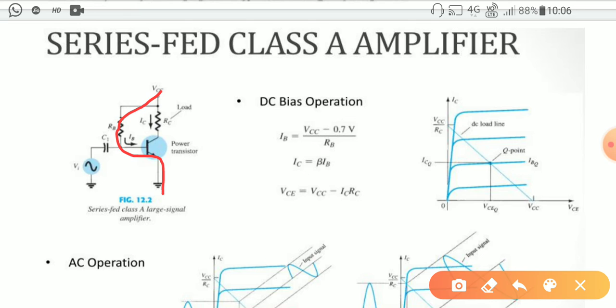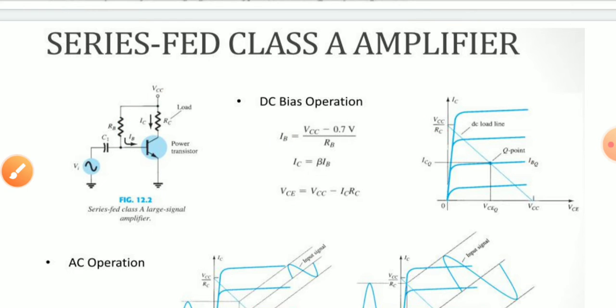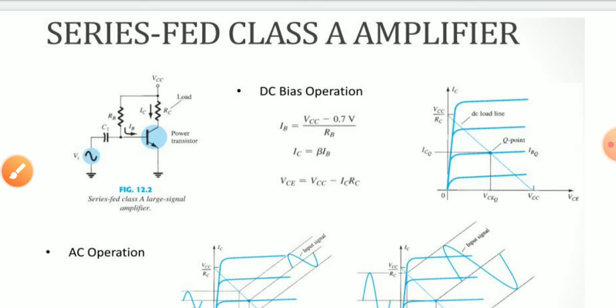So here, if you put the value for the IB, the equation will become IB = (VCC − VBE)/RB, and we know that for a transistor, if it is the silicon one, it will be 0.7 for the VBE. So you just put the value and the equation for the IB will become (VCC − 0.7 volt)/RB.